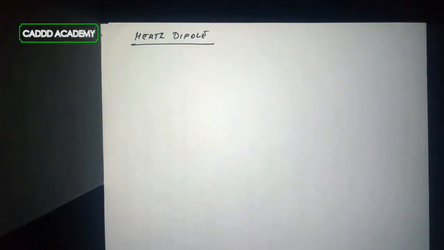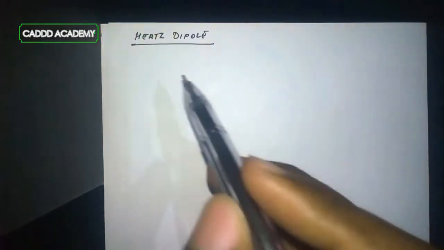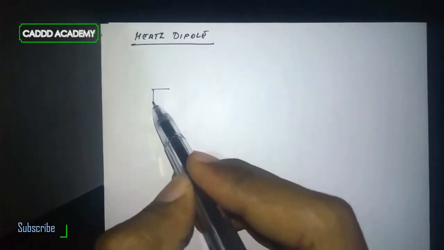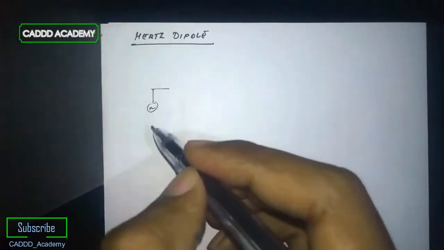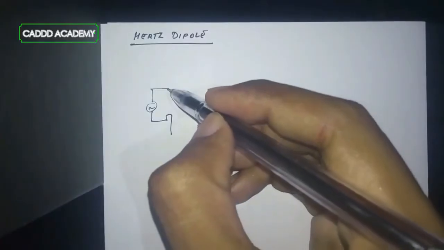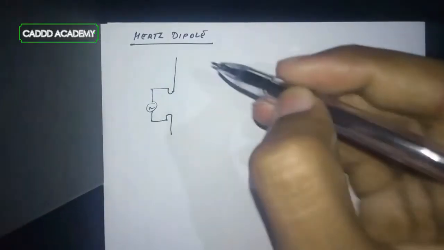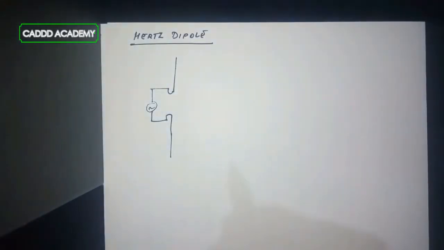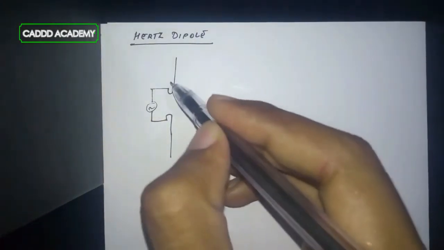In this lecture we will discuss the Hertz dipole antenna. As we saw in the last lecture, an antenna is generally represented by this thing, just a flared version of a transmission line.